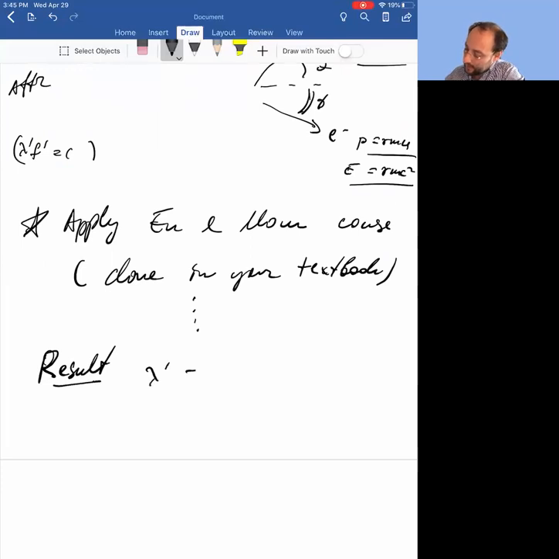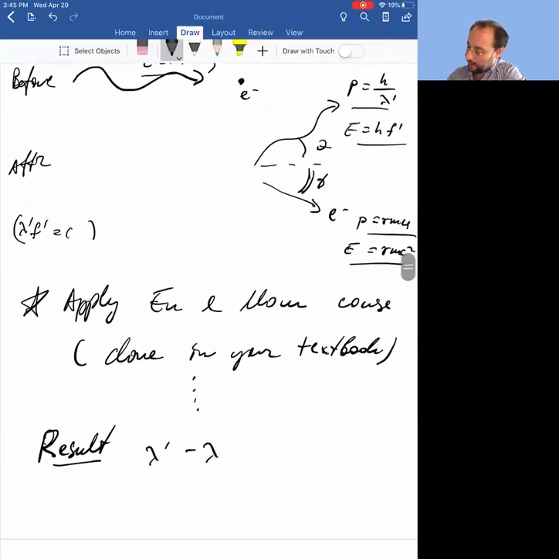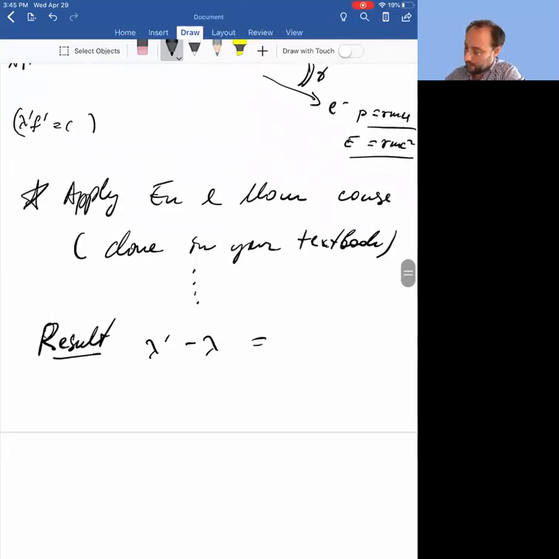It gives the following interesting formula for the difference in the incoming and outgoing photon wavelength. It's lambda prime minus lambda equals h over mass of an electron times c, times 1 minus cosine of theta.